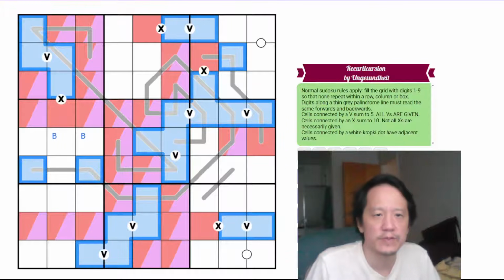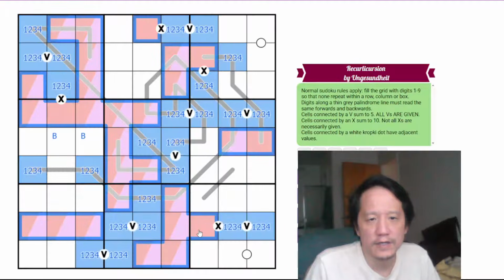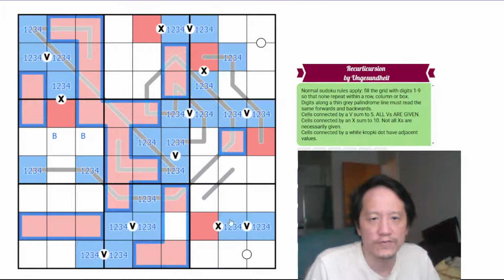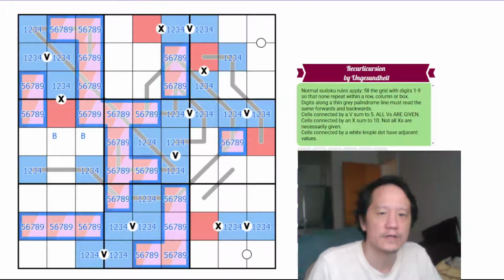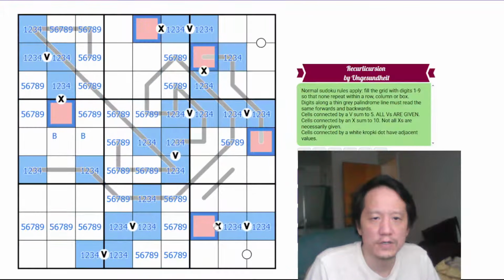Maybe it'll make it easier to spot everything. And then we're going to mark the pink possibilities as 5 through 9. And then we can remove all the colors there. And then we're going to mark these as 6 through 9.